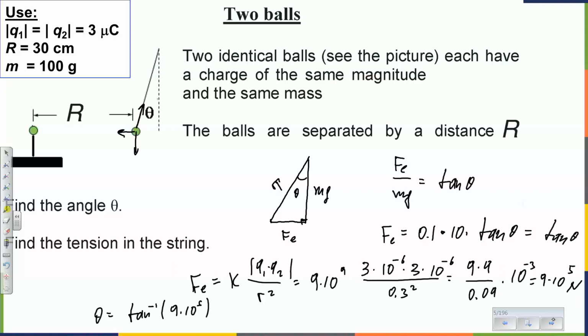So I got 89.99936 degrees, almost 90 degrees. It's supposed to be, so almost horizontal. Well, it's because maybe it should have been nano, probably. Yeah, not micro. It doesn't matter.